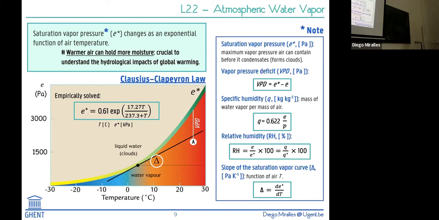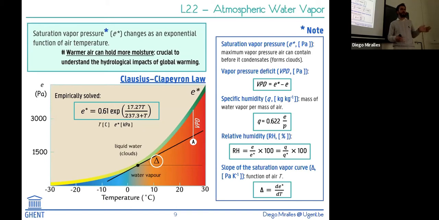And one concept that is also important, because you'll see it come up later, for instance in the Penman-Monteith equation, which we said was the most important equation of these slides, is this delta here. That delta is the slope of that relationship, right? We don't even have a name for it, just call it delta. So it's the slope of the Clausius-Clapeyron relationship. And you can see it's high when the temperature is high, and low when the temperature is low. The E star curve, the saturation point, depends only on temperature.